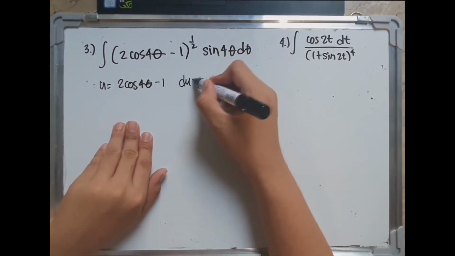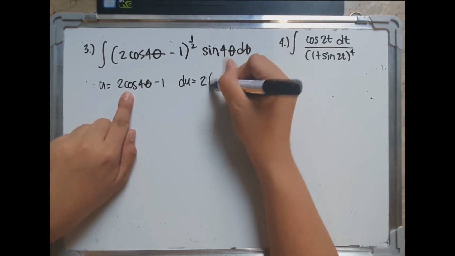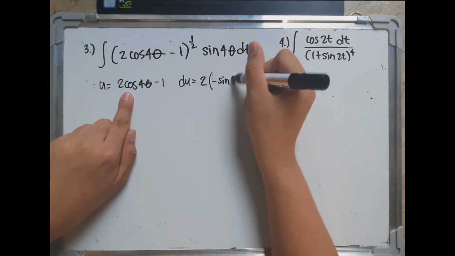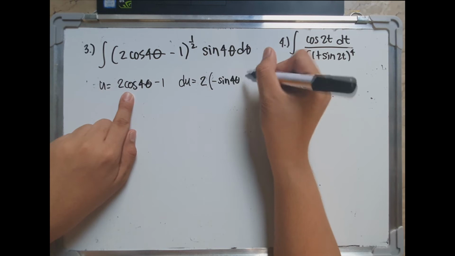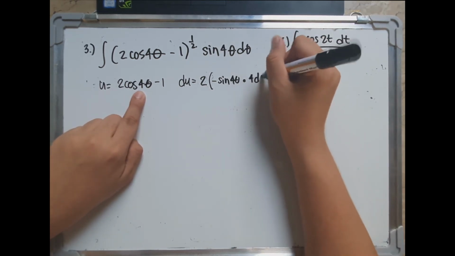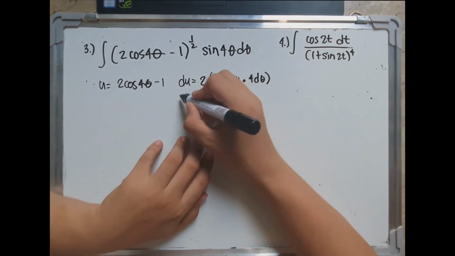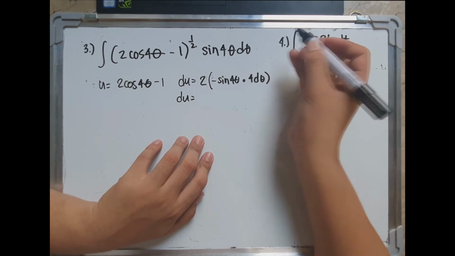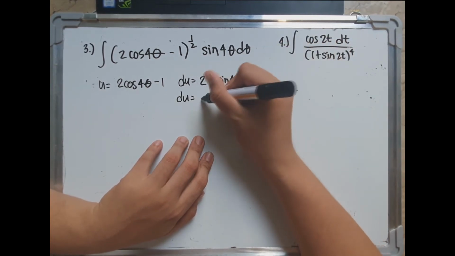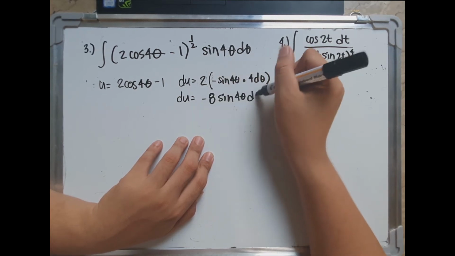The derivative of our u: copy 2. The derivative of cosine is negative sine 4 theta, times the derivative of 4 theta, which is 4 d theta. And the derivative of 1 is 0. So the du will be equivalent to 2 times 4 times negative 1. So we have negative 8 sine 4 theta d theta.